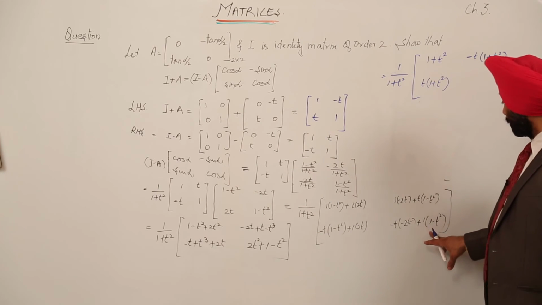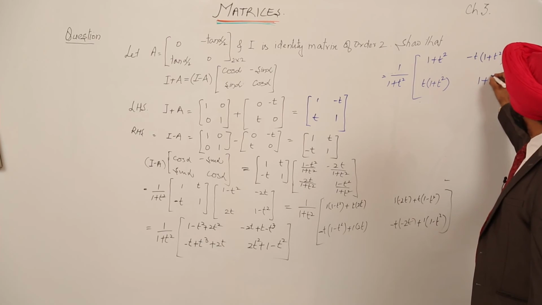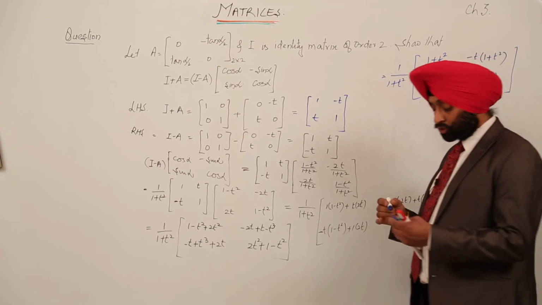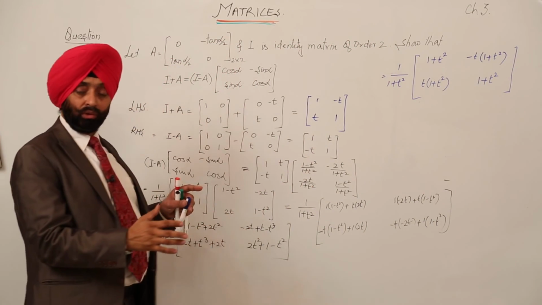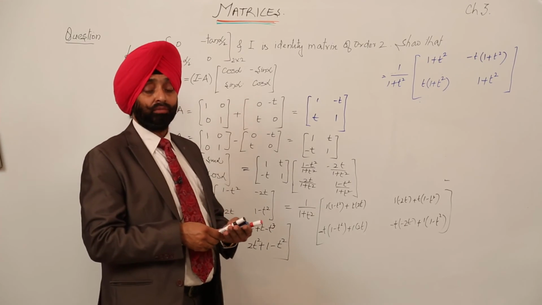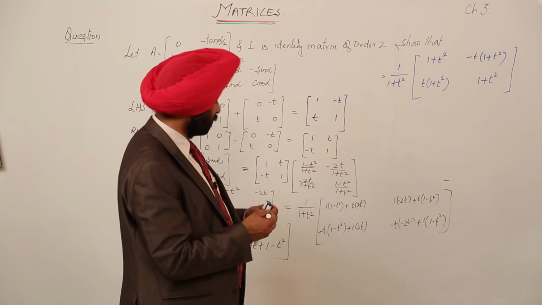Okay, so here it becomes 1 plus t square. Okay, so now, after doing so much calculation, it should be very neat and clean so that careless mistakes should be avoided. Okay, so what is the result we are having?